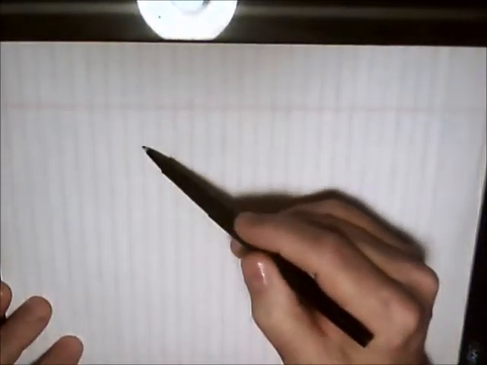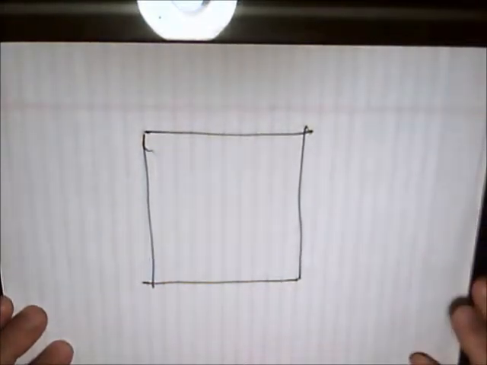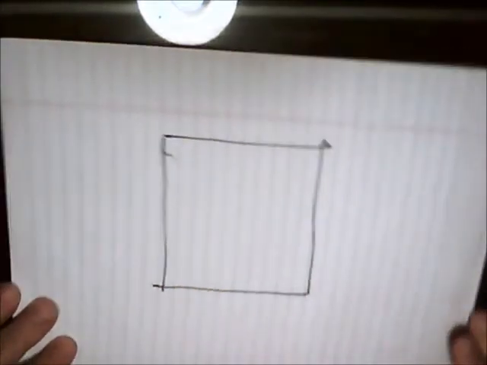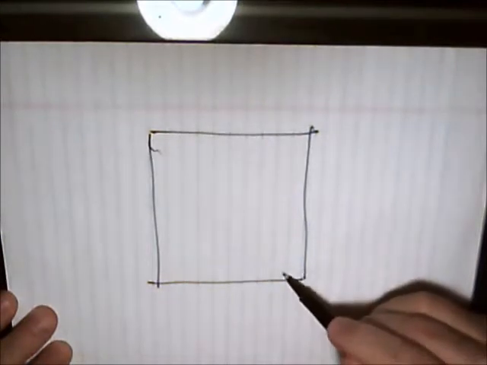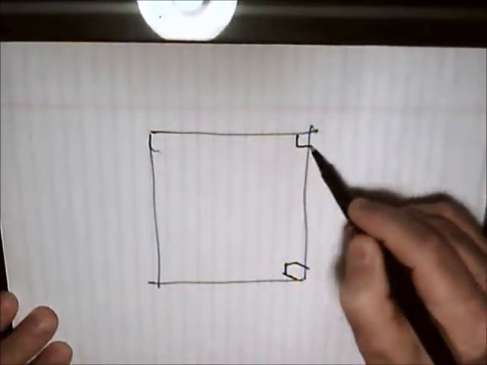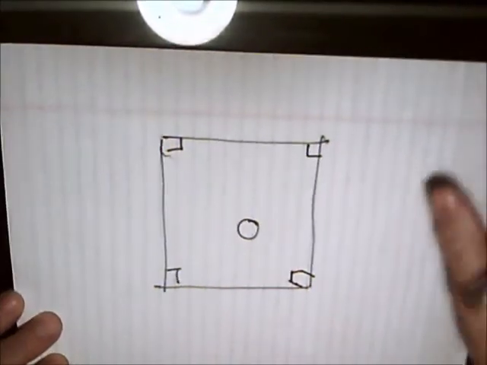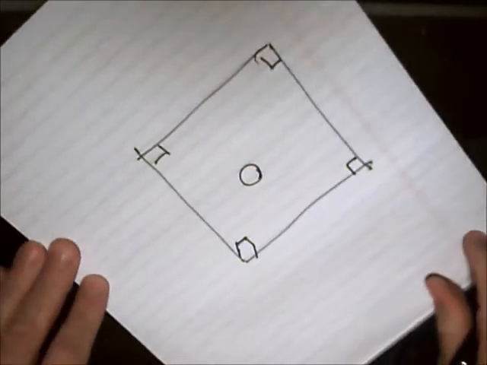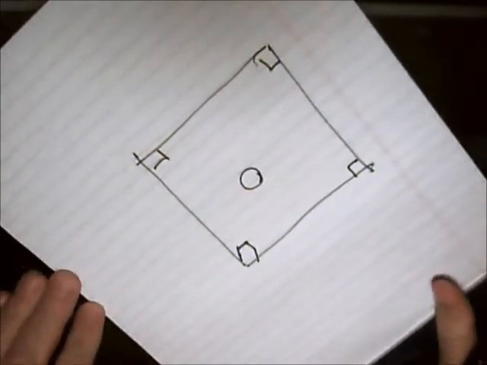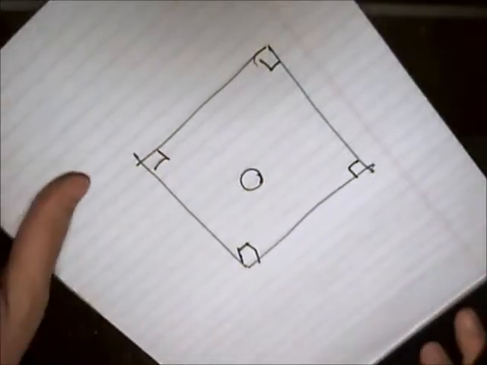So let's say I have a square. Looks like a square, doesn't it? But you know, if I do this, and turn it this way, suddenly that square is a baseball diamond. Right? Right.